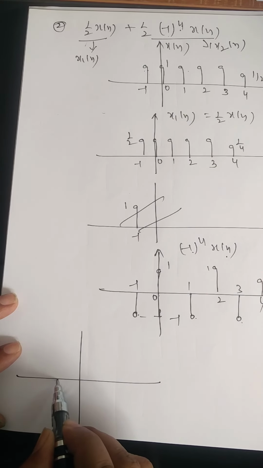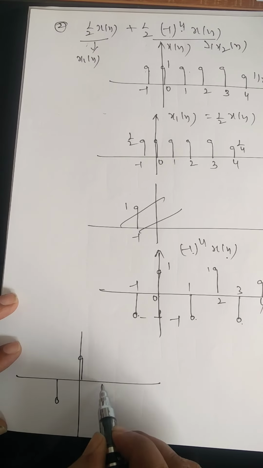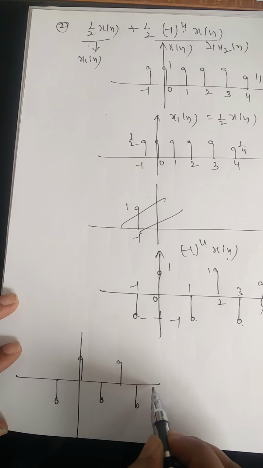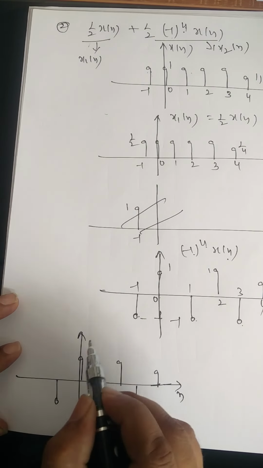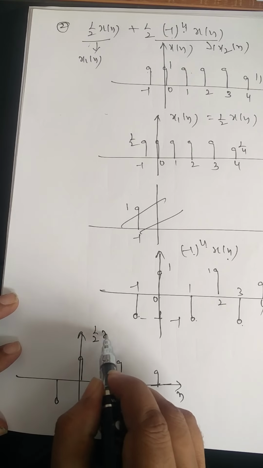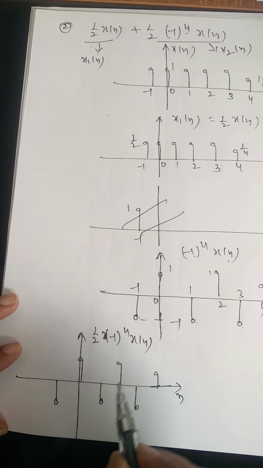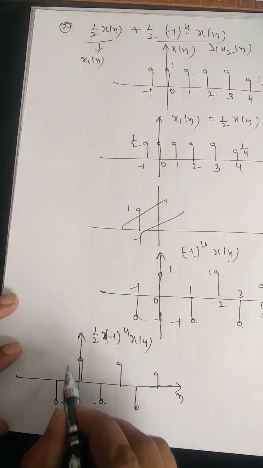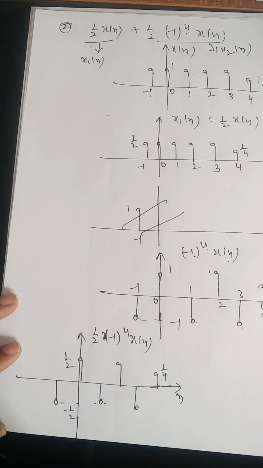This is 1 by 2 into minus 1 whole to the power of n into x of n. Minus 1 will become minus 1 by 2. This will become plus 1 by 2. This 1 by 2 divided by 2 will become 1 by 4.